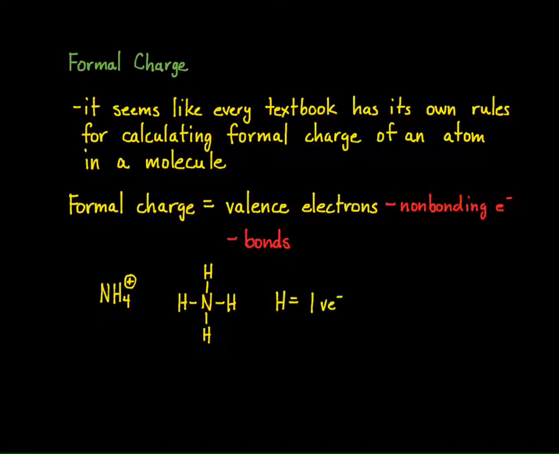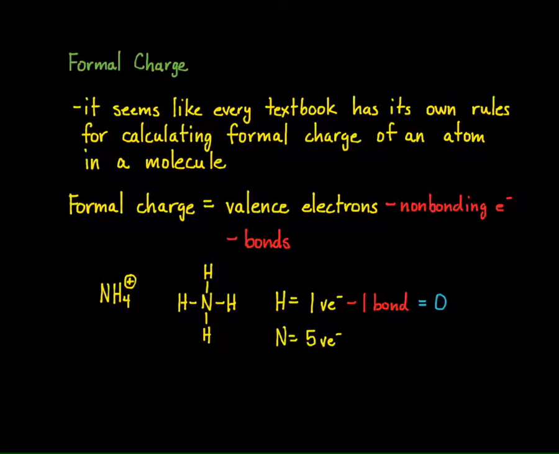And hydrogen, the formal charge of hydrogen is relatively easy. We have one valence electron of hydrogen, and each of those hydrogens only has one bond, so we're going to take one electron minus one bond, and that gives us a formal charge of 0. So all of the hydrogens in ammonium have a 0 formal charge.